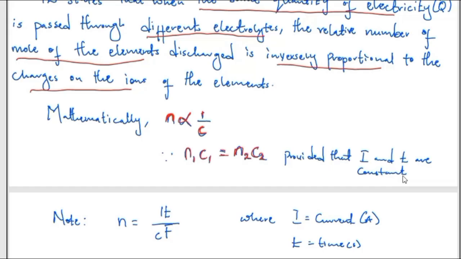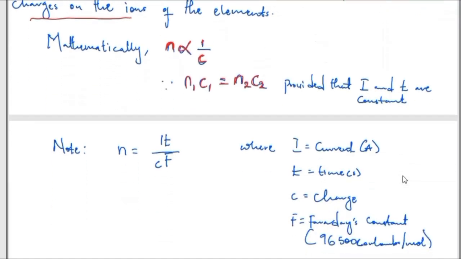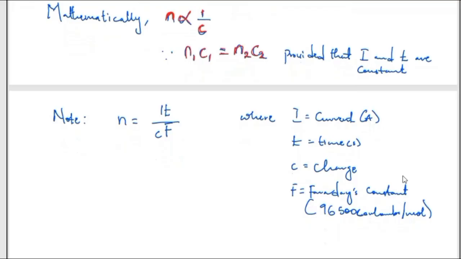But there is a provision here, provided that what? The quantity of electricity is the same, and that means if you multiply your current and your time, it should be constant.